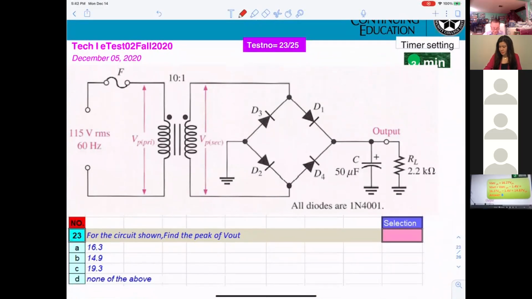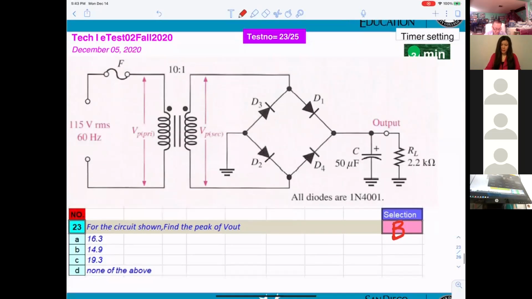B. Okay, try to review and make sure you know how we get B. If you are still confused and cannot get through that, get on Zoom with me. We'll help you out. Thank you.